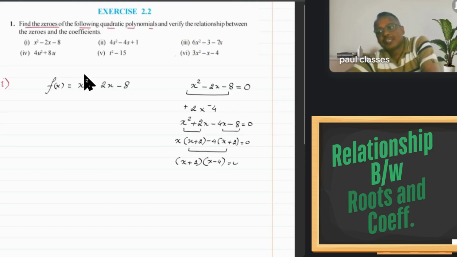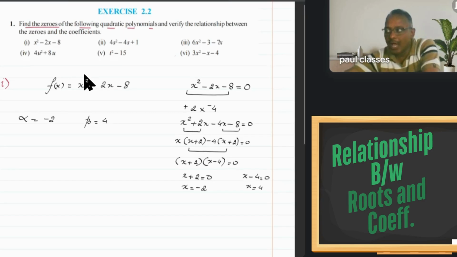If I put it equal to 0, the product of two numbers becomes 0. So x plus 2 is 0. What's the value of x? x minus 4 is 0. What's the value of x? So you have one root as minus 2 and the other root as 4.